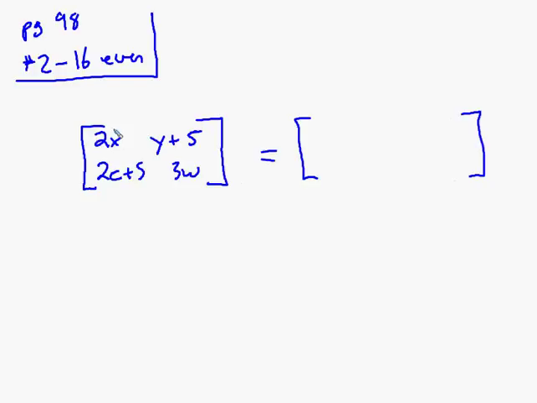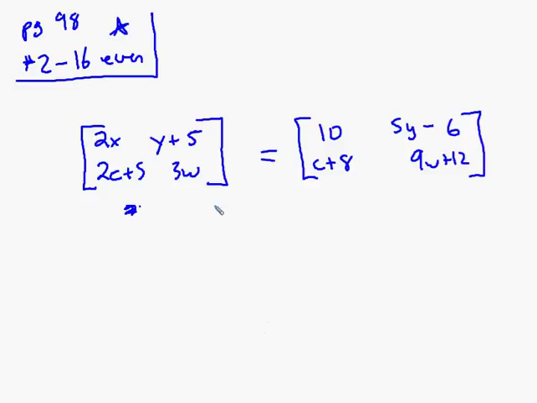Now this is a 2 by 2. So maybe I'll put a 10 here. Maybe a 9w plus 12. Maybe right here, c plus 8. Maybe right here, 5y minus 6.